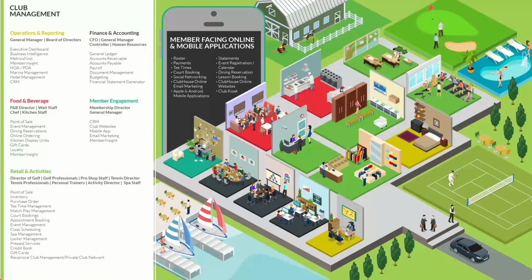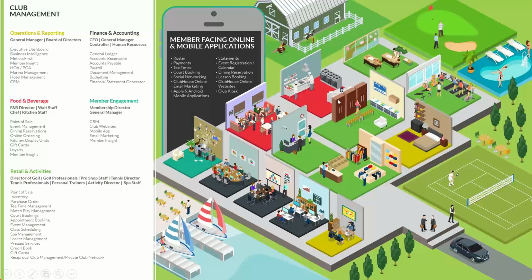So this is a really great illustration of all the different places within the club, or the businesses within a club, that we have solutions for, whether that be your traditional golf course, or maybe it's a tennis club. We also have things to serve the fitness facilities that have become more and more common at private clubs, as well as some clubs that have added spas.